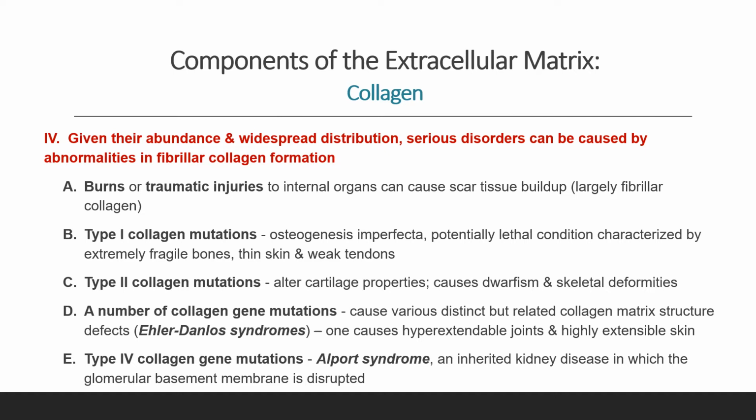It is an inherited kidney disease in which the glomerular basement membrane is disrupted. Okay, so it's very important that the glomerular basement membrane has this filter support, because as you know, the glomerular basement membrane is found in your kidneys.